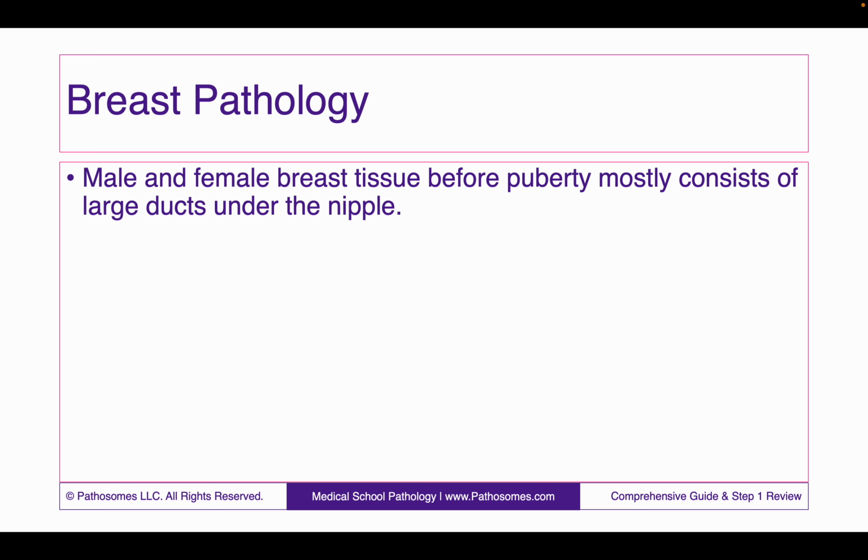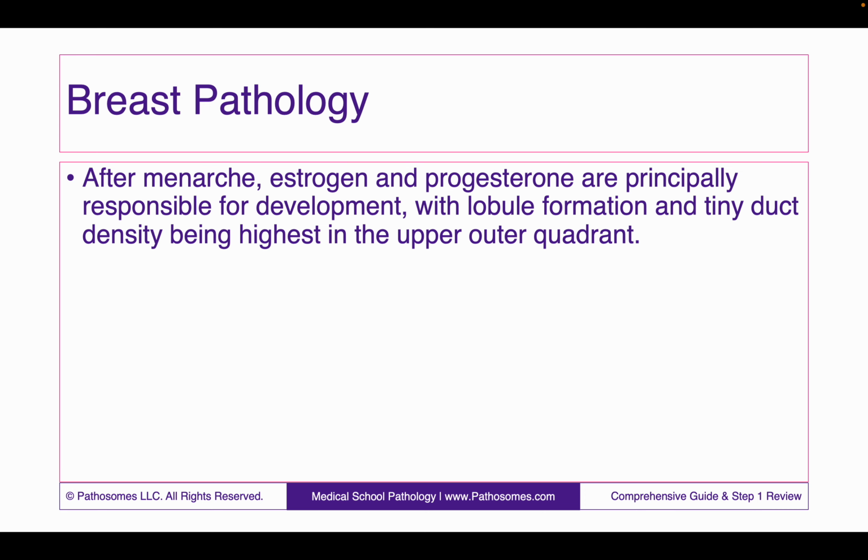Male and female breast tissue before puberty mostly consists of large ducts under the nipple. After menarche, estrogen and progesterone are principally responsible for development, with lobule formation and tiny duct density being highest in the upper outer quadrant.